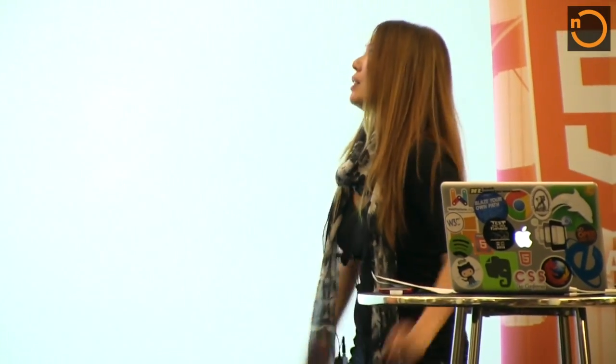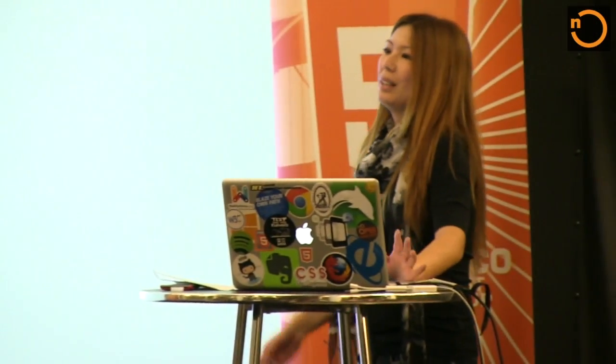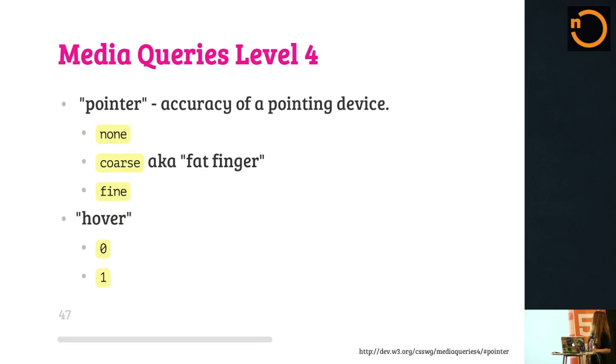So now, I've been talking about media queries in CSS3, but we got new stuff, level 4, which we kind of call CSS4. But the W3C guys don't like it when I call it CSS4, so I still have to call it CSS level 4. But anyway, this is new stuff, and this hasn't been implemented in any browsers yet.